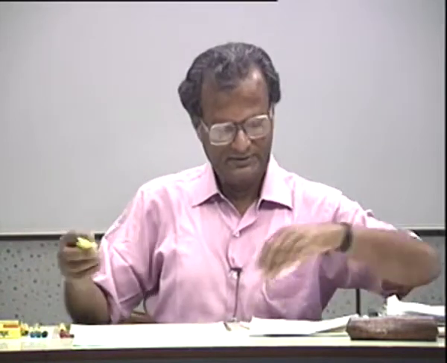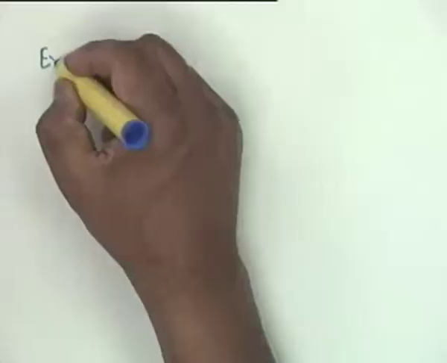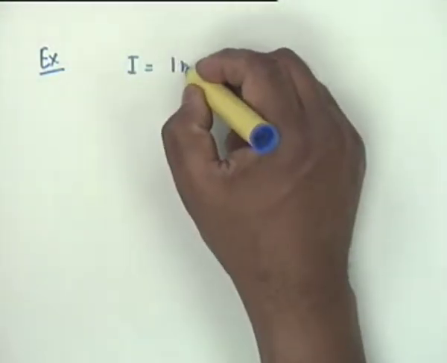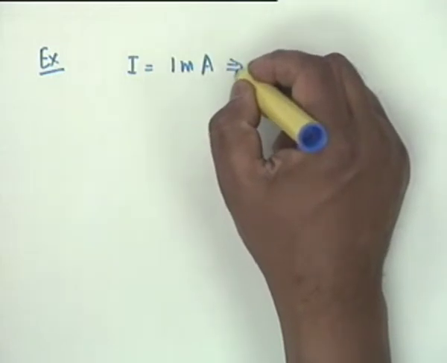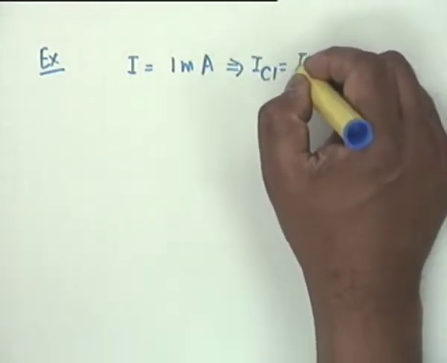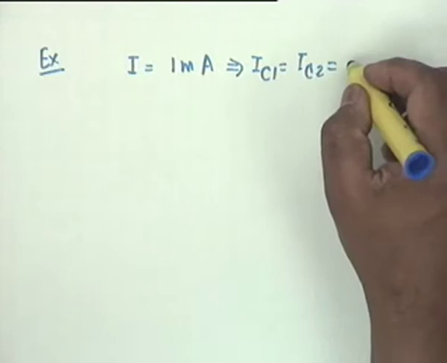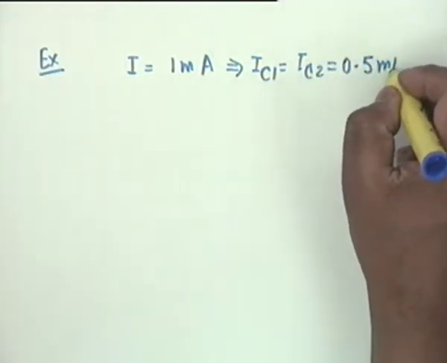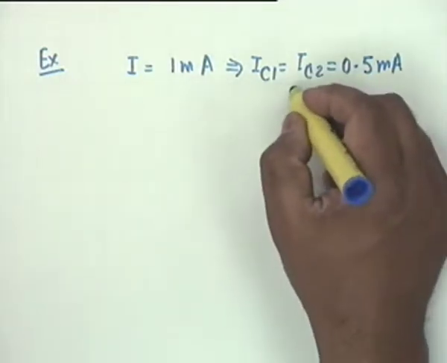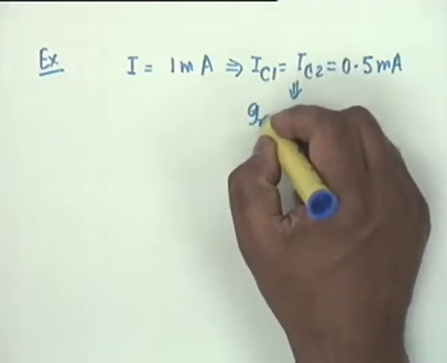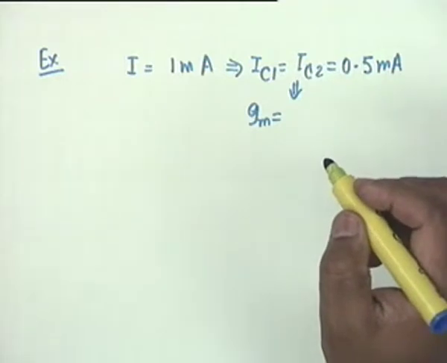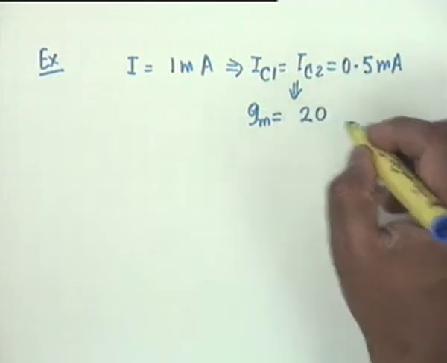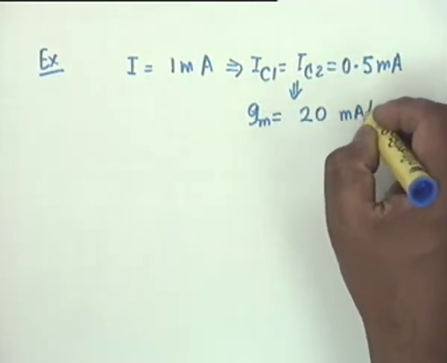Now let's take an example in which capital I, the constant current source, is 1 milliampere, which means that IC1 equals IC2 equals half of this, because it's a differential pair, 0.5 milliampere. That therefore gives GM as 0.5 divided by 25, that is 20 milliampere per volt.